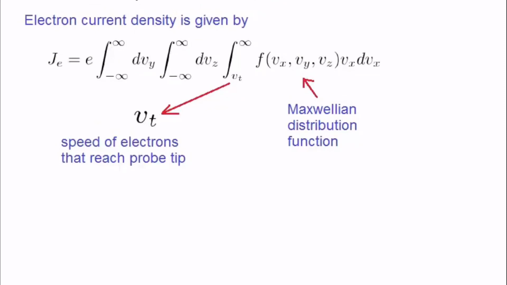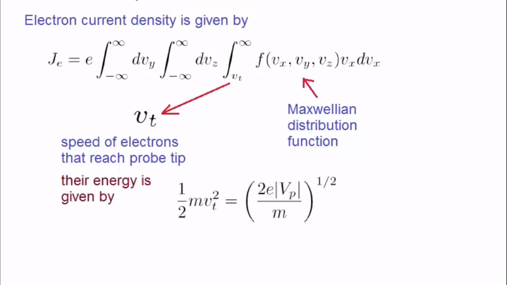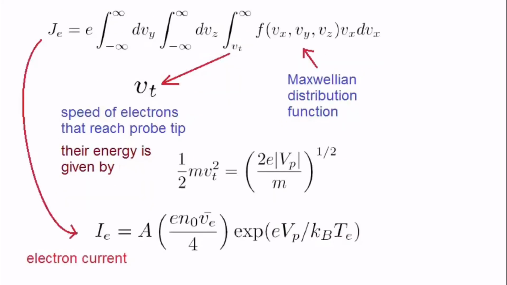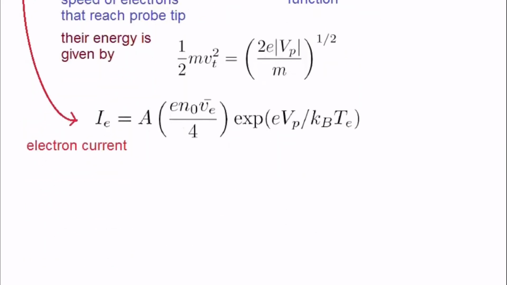The energy of these electrons has to overcome the potential difference Vp. Therefore, the kinetic energy is given by this. Now, substituting Vt and carrying out the integral, we finally obtain the expression for current given by this.